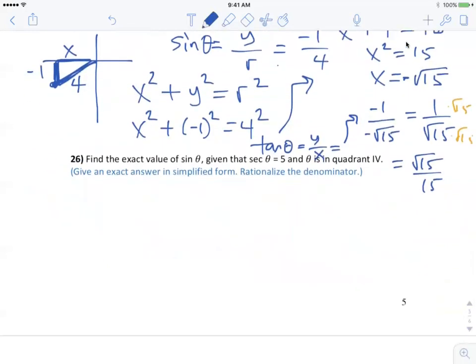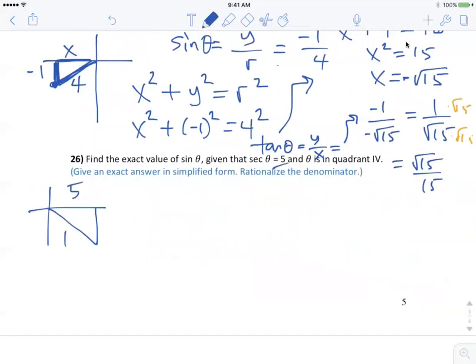Let's just finish this page off. We got one more. Find the exact value of sine. We're in quadrant 4. Secant is 5. So if you're in quadrant 4, over here somewhere, if the secant is 5, that means the x is 5 and the r is 1.